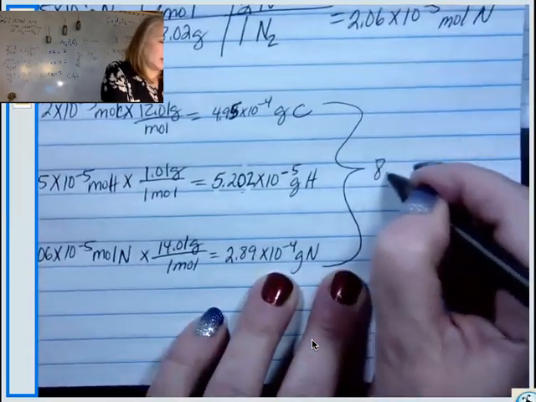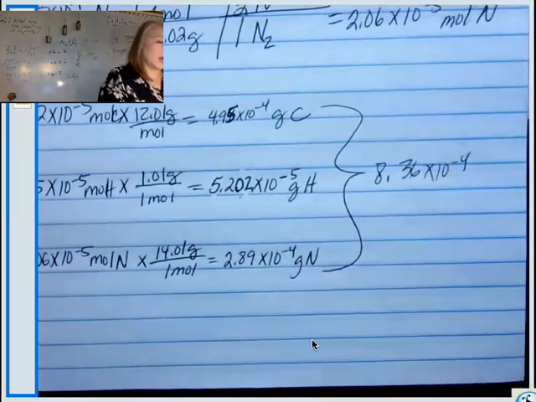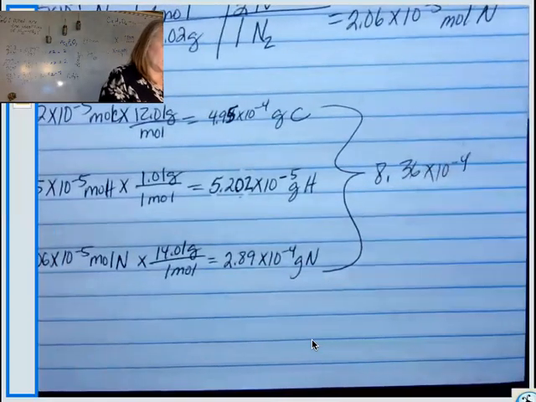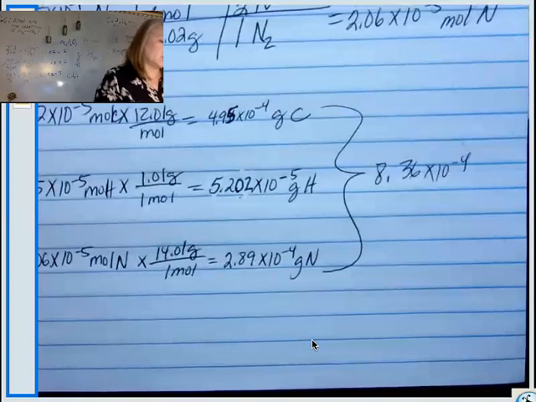So this is giving me 8.36 times 10 to the negative fourth. And then I'm going to subtract 0.001 minus that number. And that should be our mass of oxygen. I got a negative number. You shouldn't get a negative number. It's 0.001 minus 8.36 times 10 to the negative fourth.